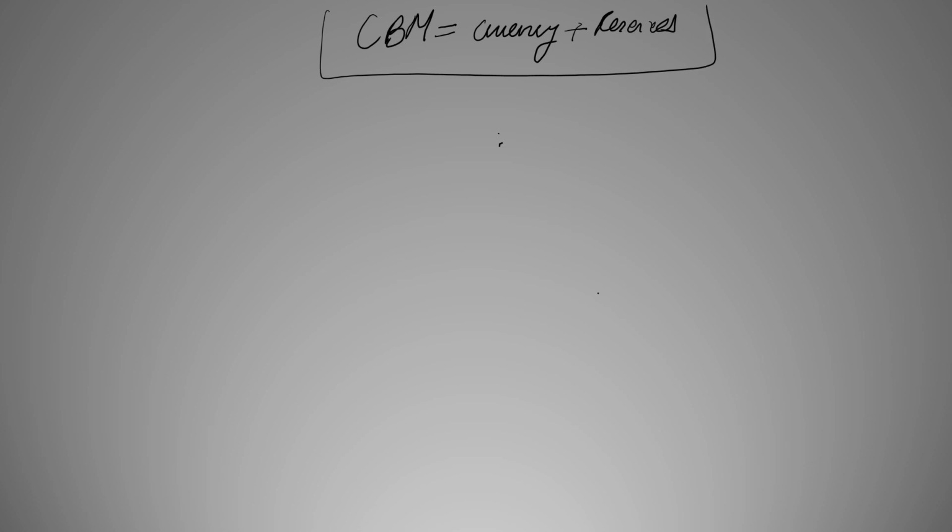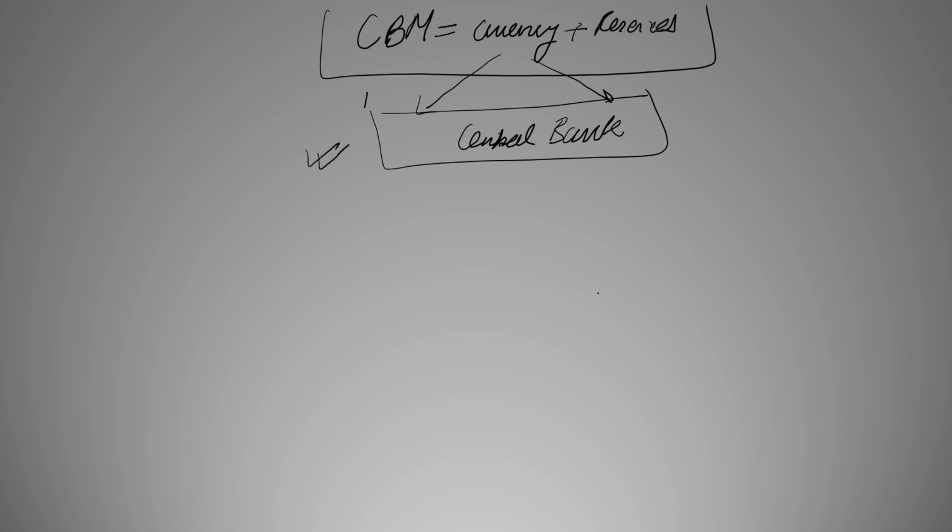Hello everyone, in this video we'll continue what we were studying in the last video, which was about CBM. Now we already studied that CBM is equal to currency plus reserves. So as it's a liability of the central bank, it basically means that the supply of these will always depend on the central bank, right?